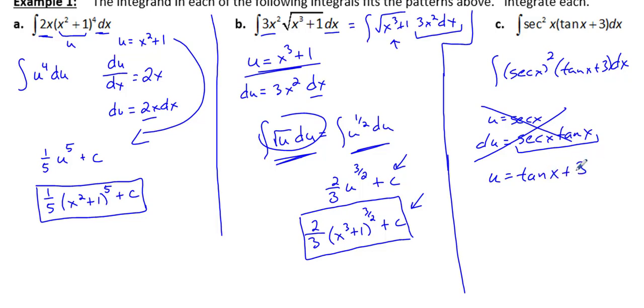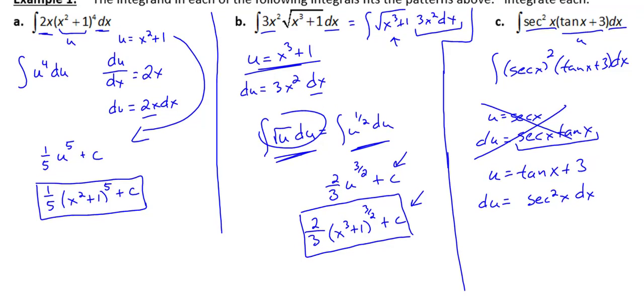Well, Mr. Bonner, there's a 3 here. Well, what happens when you take the derivative, though? It goes away, doesn't it? Du then equals secant squared x dx. If this is my u, du is secant squared x dx. We have everything covered.